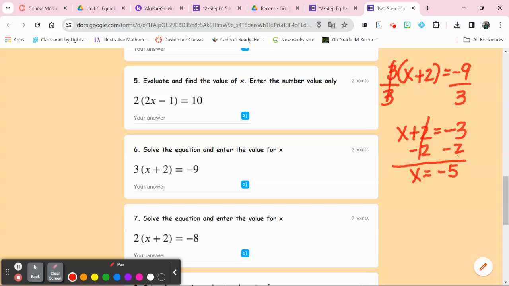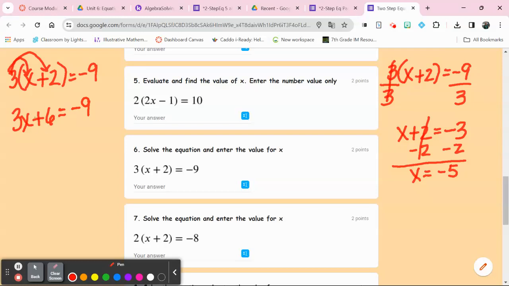All right, let's try it the other way. When we're distributing, this one, you've got 3 times 1x is 3x plus 3 times 2 is 6 equals a negative 9.